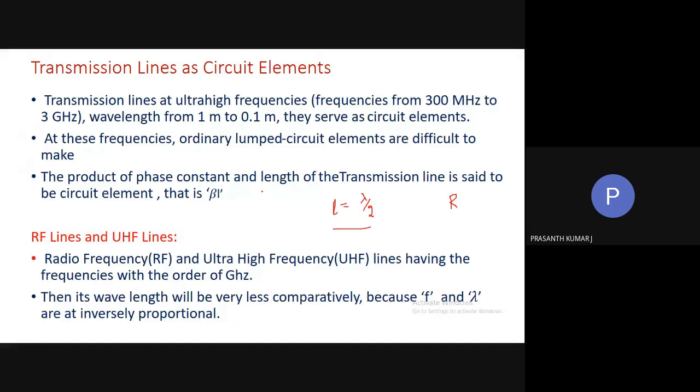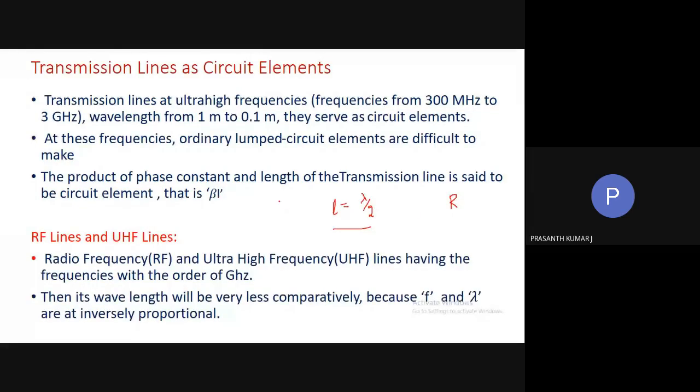The product of phase constant and length of the transmission line is called beta L. So beta is equal to 2 pi by lambda, into the length of the transmission line.